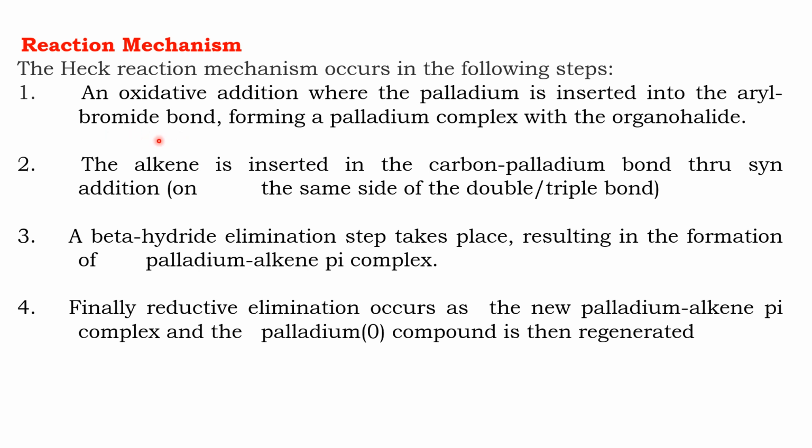Take down the steps. I will show the detailed mechanism in the next slide. In the second step, what happens is the alkene will undergo a bond formation with palladium.